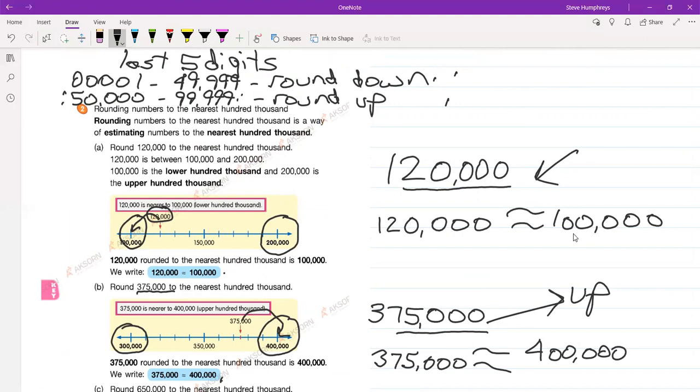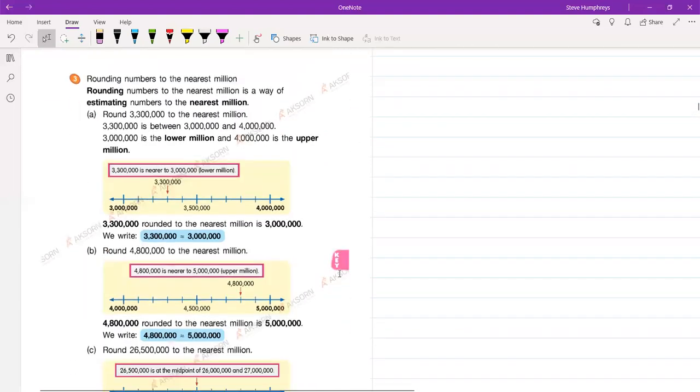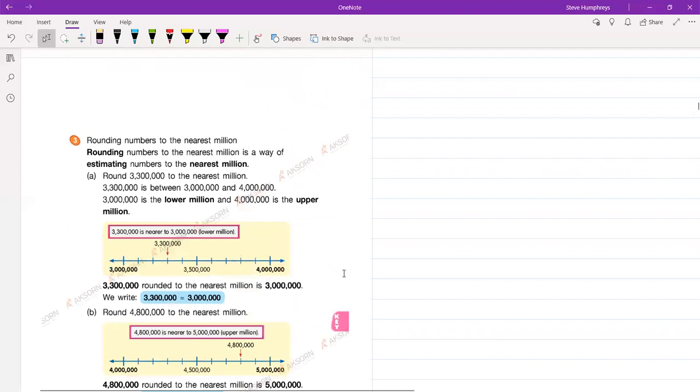Now, even bigger numbers we're going to look at, page 39. Here we are, rounding numbers to the nearest million. We need to look at the last 6 digits. If a number's in millions, it has 7 digits.